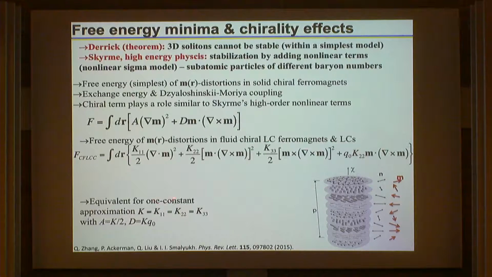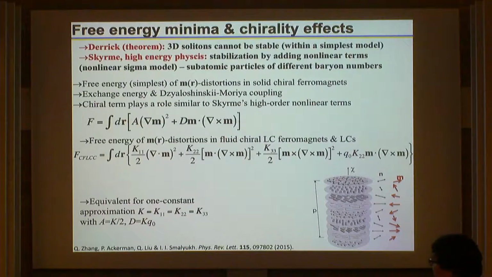In a limit when all of these Frank elastic constants are made equal to each other, the so-called one constant approximation, this expression can be reduced to the expression that we have here, with the relation between the two different types of constants in these two expressions, right?